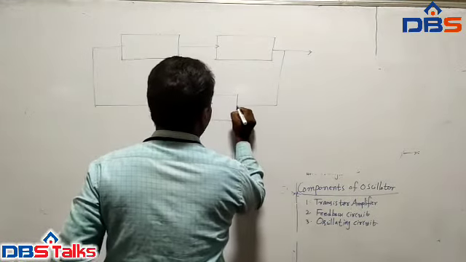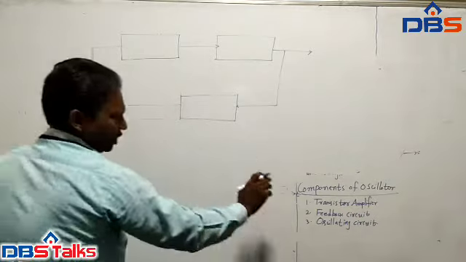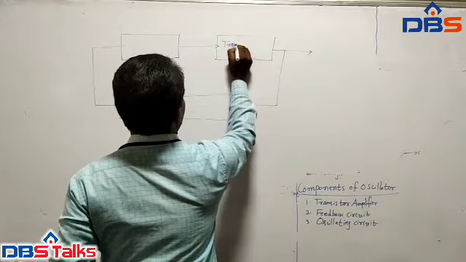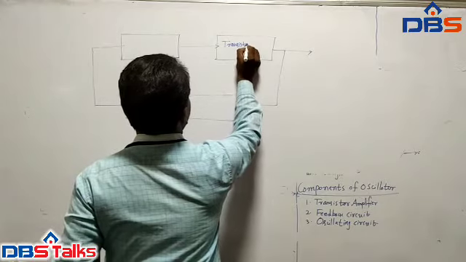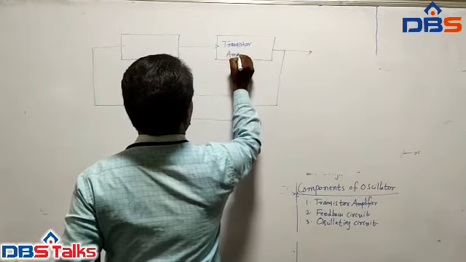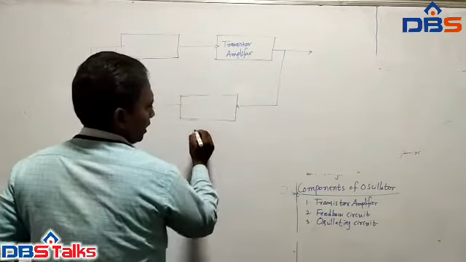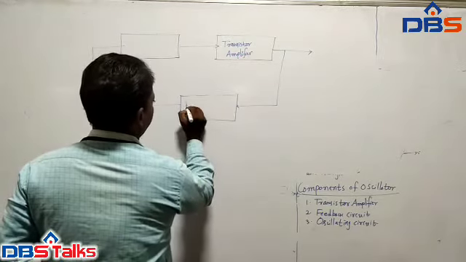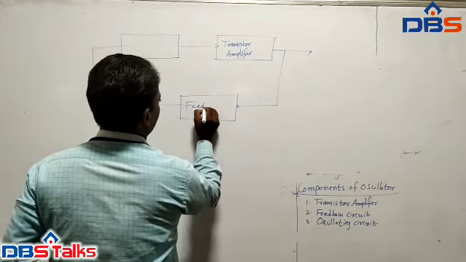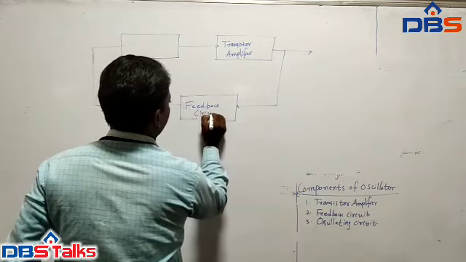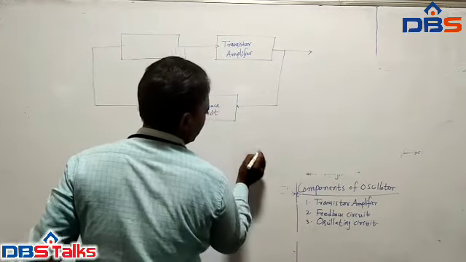So here you can observe everything. This is the transistor amplifier. Next is the feedback circuit.